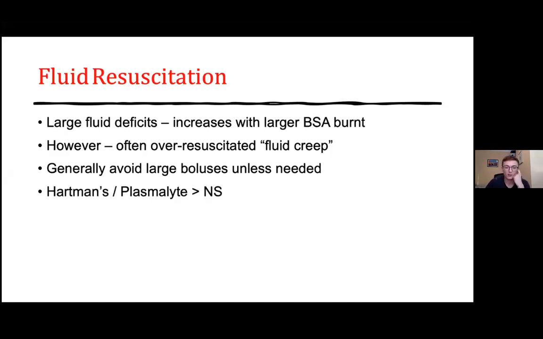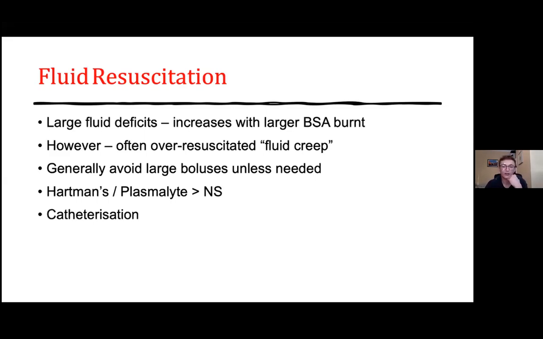Generally use Hartmann's or Plasmalyte or a balanced crystalloid over normal saline, or 0.9% sodium chloride. That's because you're going to be giving these patients large volumes of fluids. If you give someone lots of normal saline, they can become acidotic through something called hyperchloremic acidosis, which is worth looking up if you've never heard of it before.